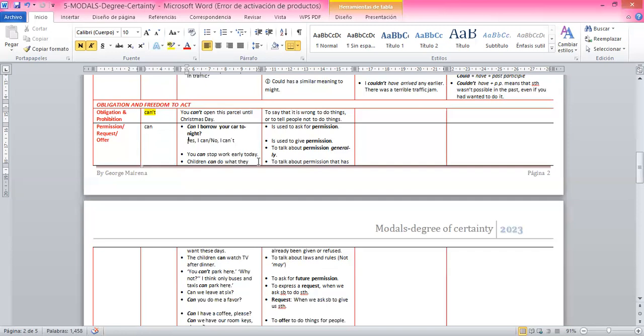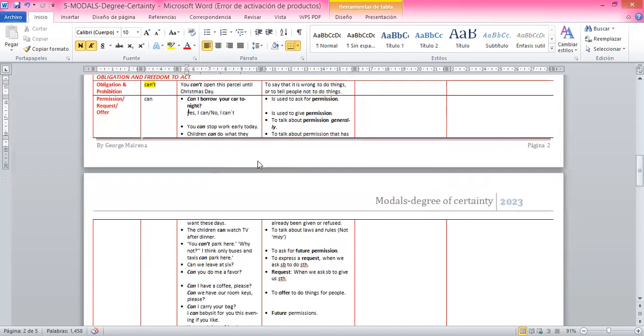For example, imagine that we are working in a classroom and I tell you and your peers, okay, if you finish your task quickly, you can go home early. I'm giving you permission. You understand? Okay, let's see the other one.